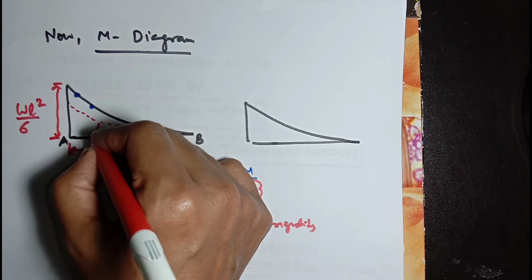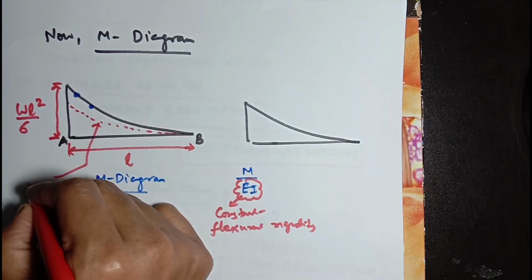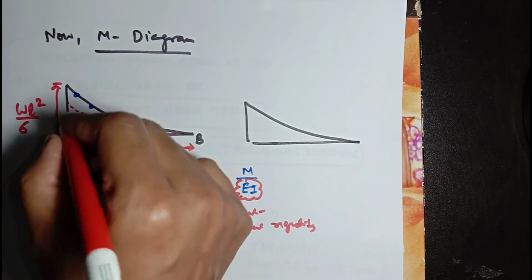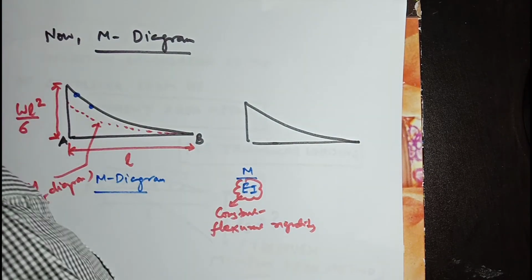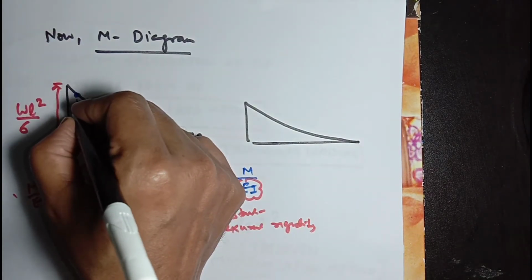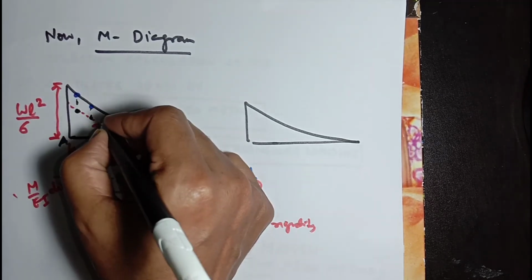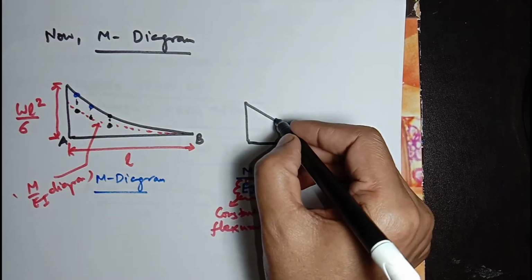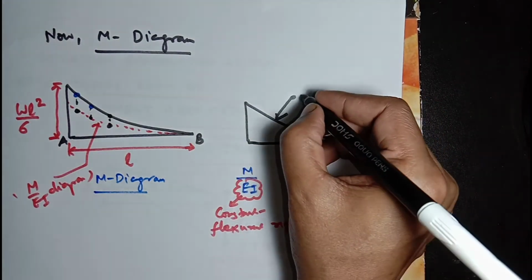This is the M over EI diagram. Because every coordinate is divided by a constant value, it will be transferred here, and here, and so on and so forth. We will find the same curve.